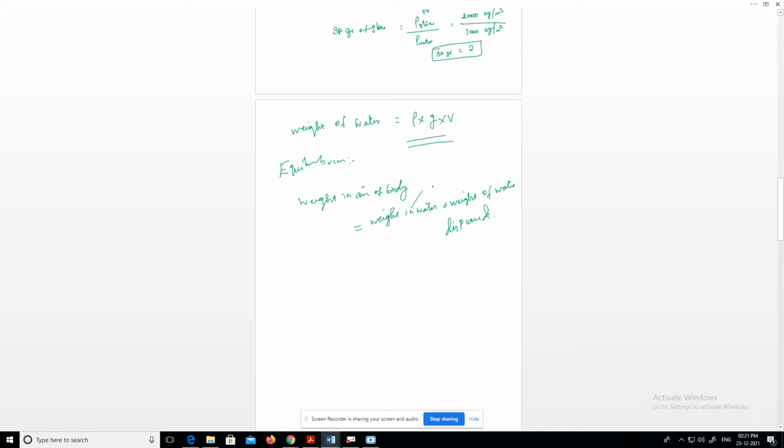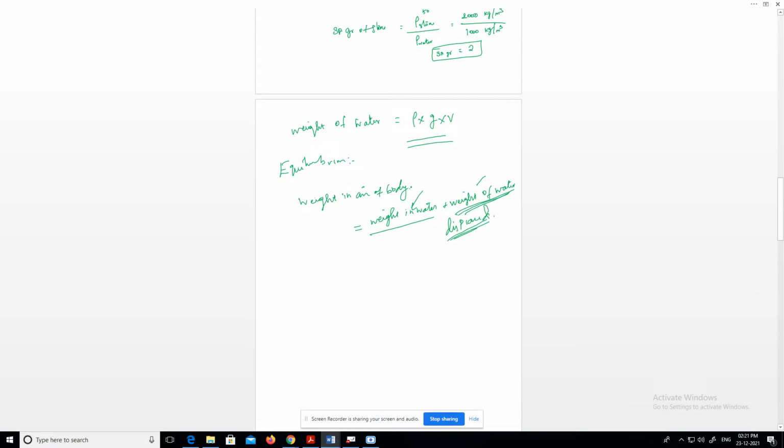What's the difference between these two things? When a body is immersed in water, it will show some weight in a spring or in our gauge. So this is gauge weight in the presence of water, and this is the actual weight of the water displaced, right? So these are the equilibrium conditions.